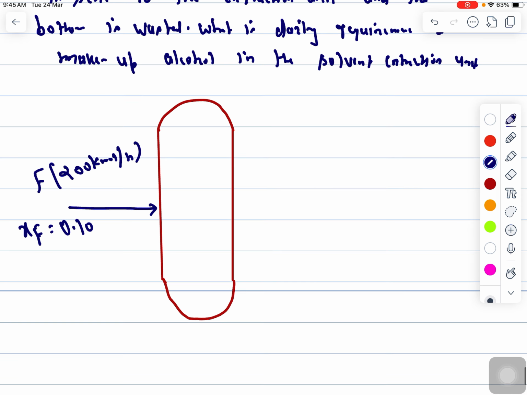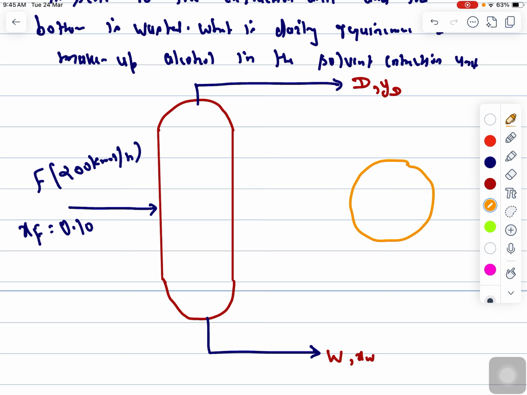After distillation you get a top product and a bottom product, right? The top product is called the distillate, D, and the bottom product is called W, and here this is your YD and here it is your XW. After that you are sending this overhead product to the extraction unit, and there you are extracting something from the alcohol, right?